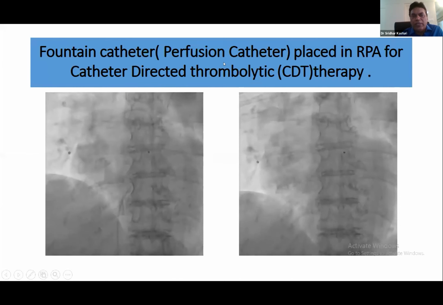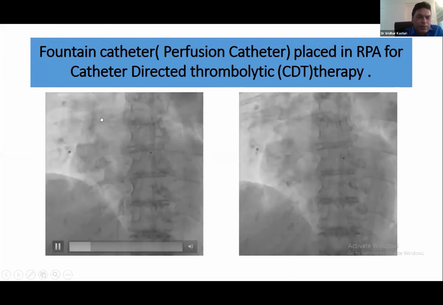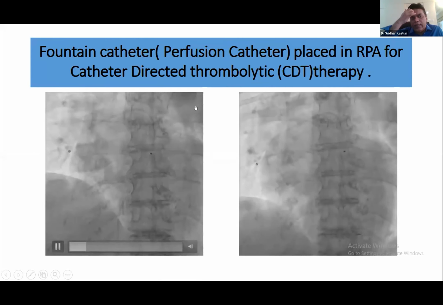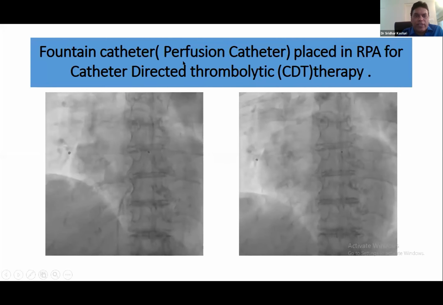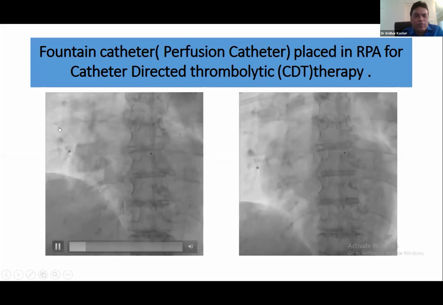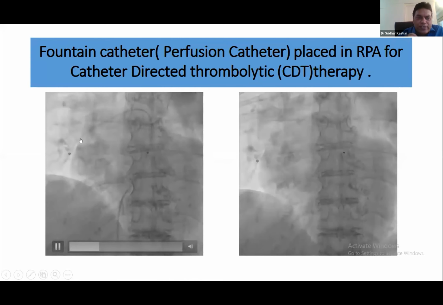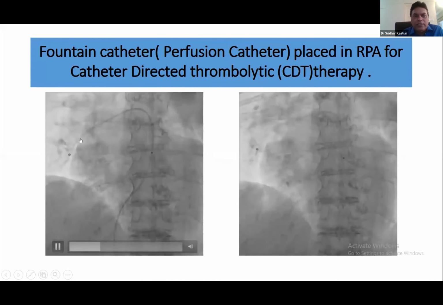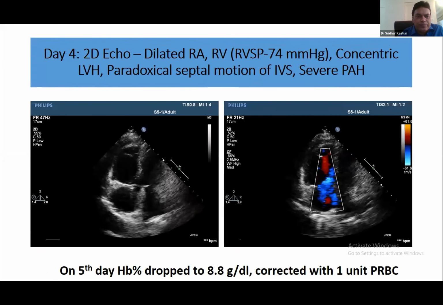There's a Cook company's perfusion catheter. It has multiple holes, in the right pulmonary artery, and through this, we gave catheter therapy for 24 hours to produce some more effective thrombolysis inside the thrombus to clear the total thrombus.